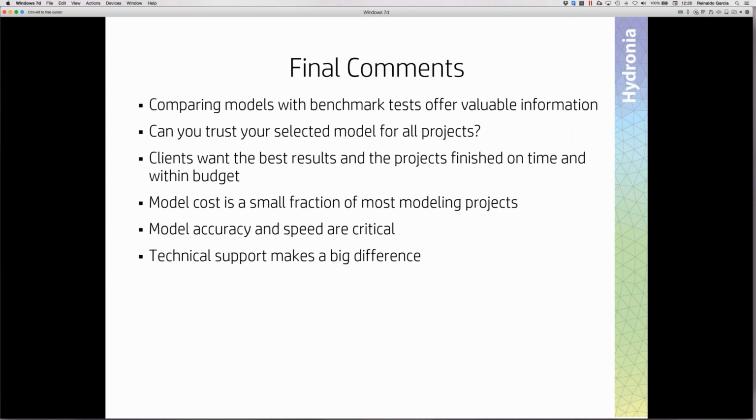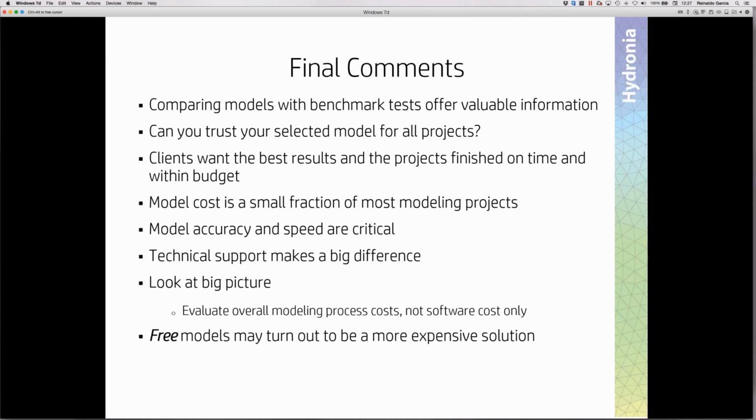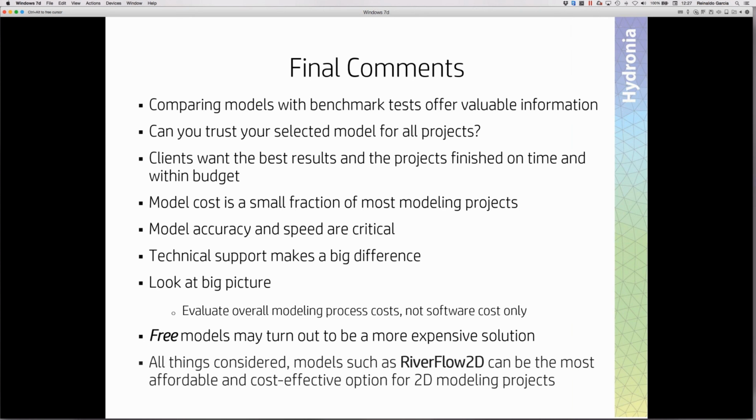during your project development. Now, I invite you to look at the big picture here. Evaluate the overall modeling process cost and not only software cost, because you may be misled into selecting a model that will end up not being the most economical one, which could be that the free model may be the more expensive solution in some situations.